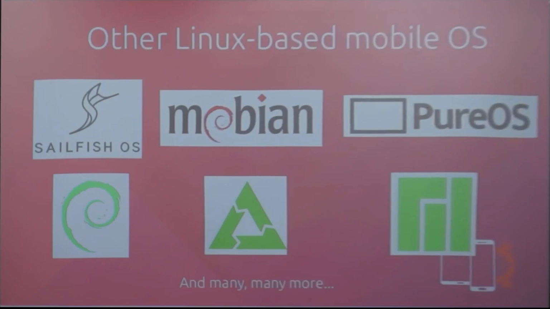So now let's zoom out of Ubuntu Touch itself a little bit and talk about the wider landscape of Linux-based mobile operating systems. Ubuntu Touch is obviously not the only player in this field. Several other distributions are also providing their own versions of mobile OS. We can divide the OSs in this slide into two groups.